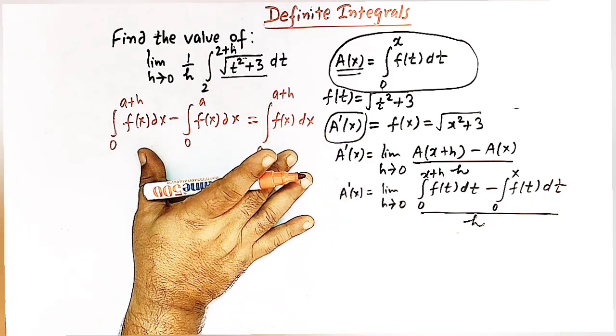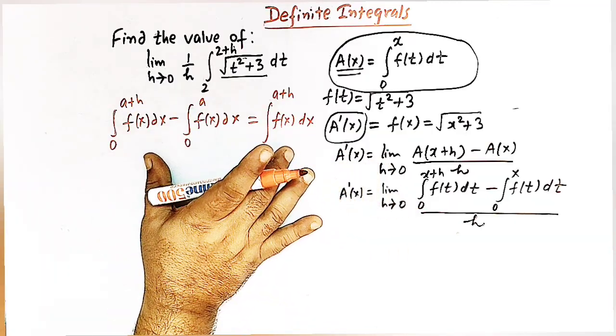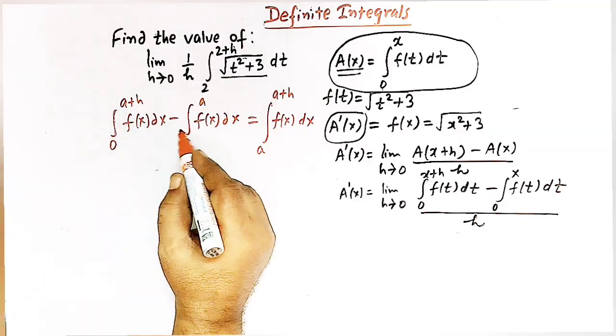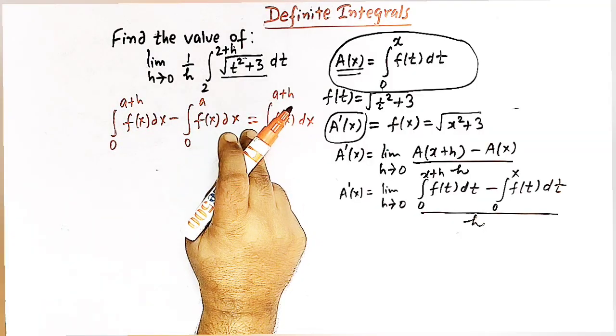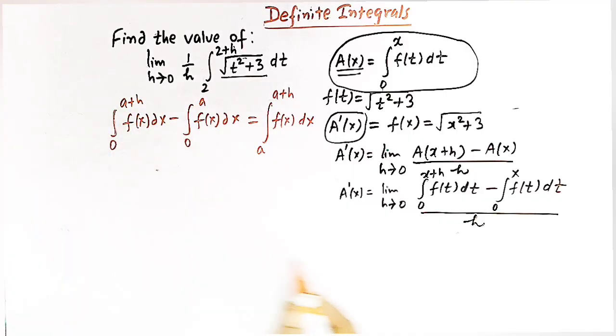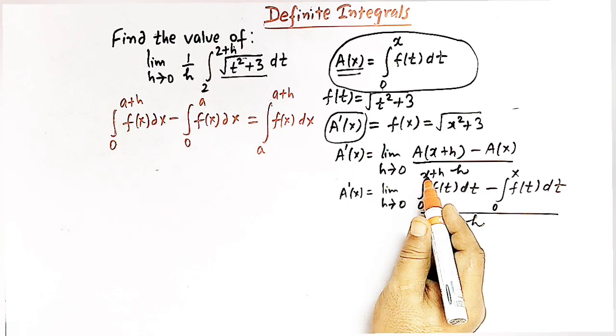So this is a very elementary property in definite integrals. The integral from 0 to a plus h minus the integral from 0 to a is equal to the integral from a to a plus h. So here we have 0 to x plus h.